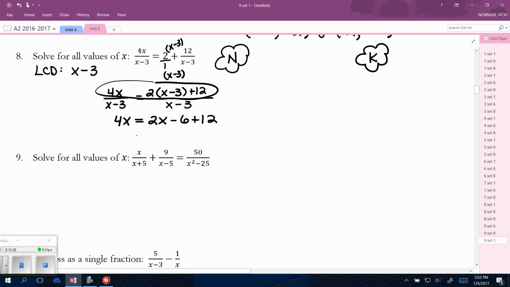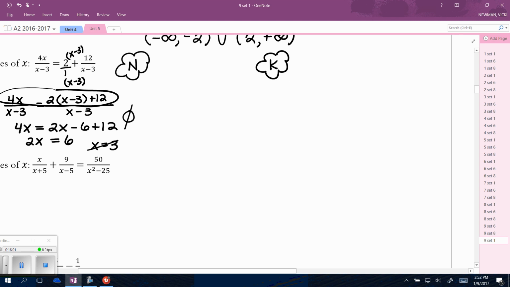So let's see, 2x is equal to 6. X is equal to 3. Is x allowed to be 3? Look up at the top. No, the denominator cannot have x be equal to 3 because then it would be 0. So the answer is empty set. Go on to the next thing you need to look at.